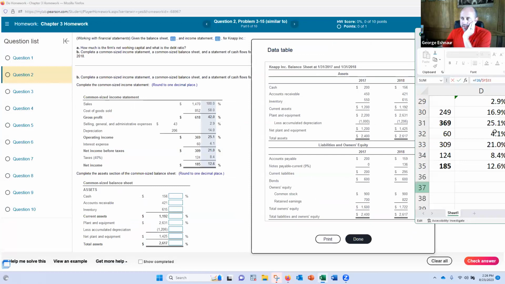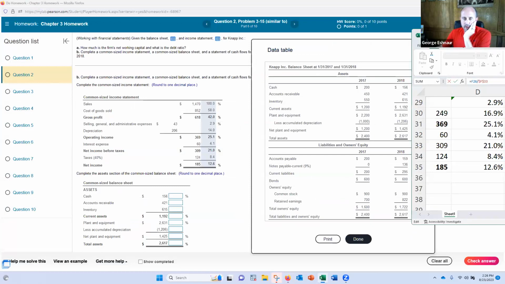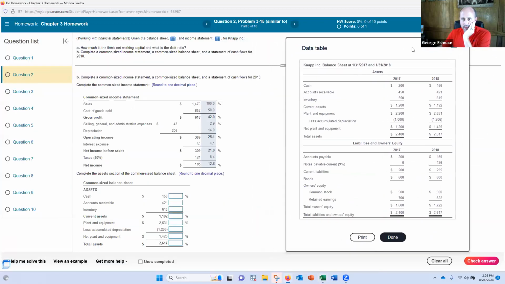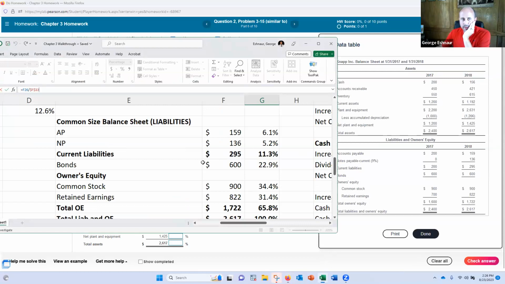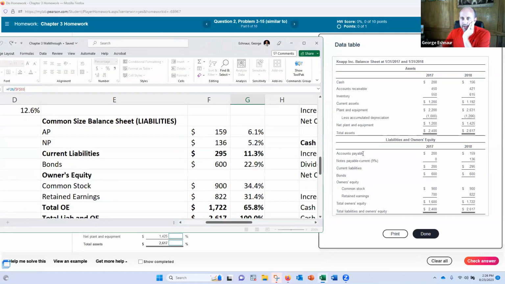In terms of the liabilities here, let me pull this over. So now we have our common size liabilities. We have accounts payable, notes payable, current liabilities, bonds, owner's equity, common stock, all attached to, again, the 2018.